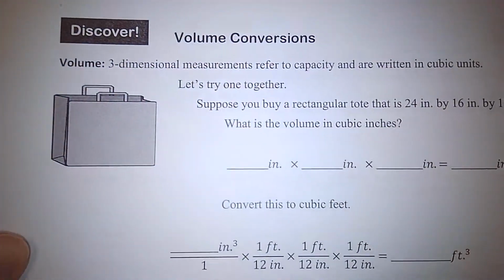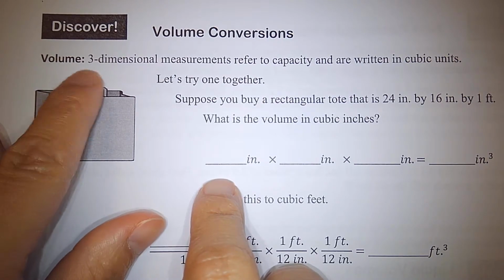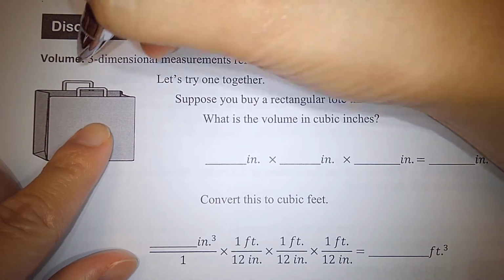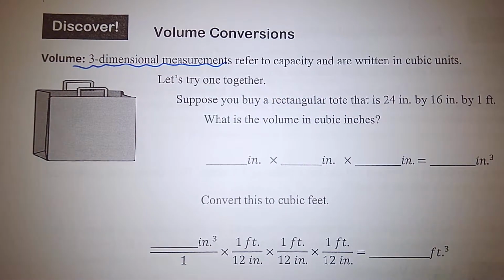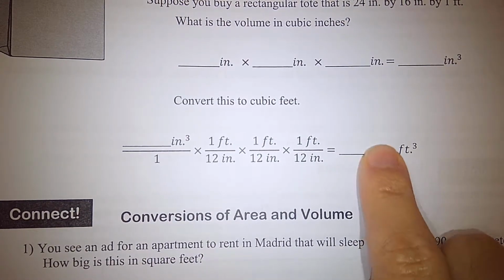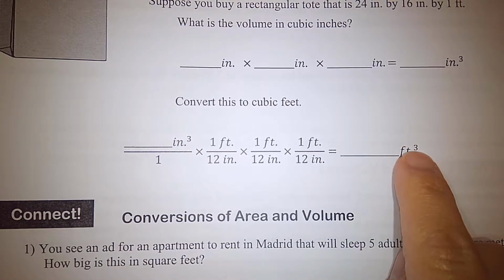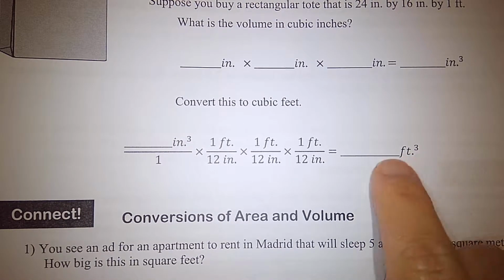All right, page 173, volume conversions. Volume conversions are three-dimensional conversions. Why? Because most of the units for volume have a cube.